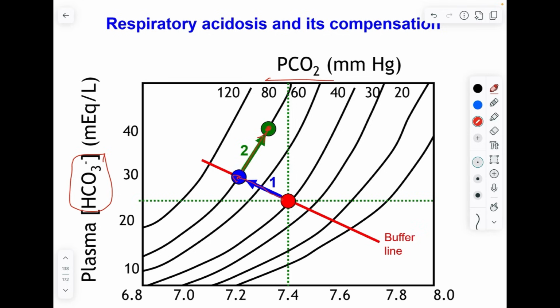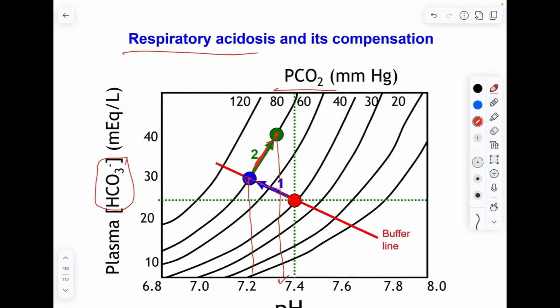Can you see the pH difference between this point and this point? Here it was 7.2 and here it was 7.3. So we compensated by increasing the pH, which, this line alone, is metabolic alkalosis. This line alone is respiratory acidosis. Both together we call partially compensated respiratory acidosis, because the main disturbance, the respiratory acidosis, has been partially compensated.